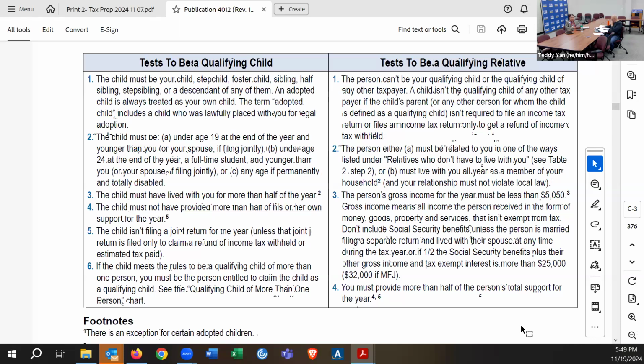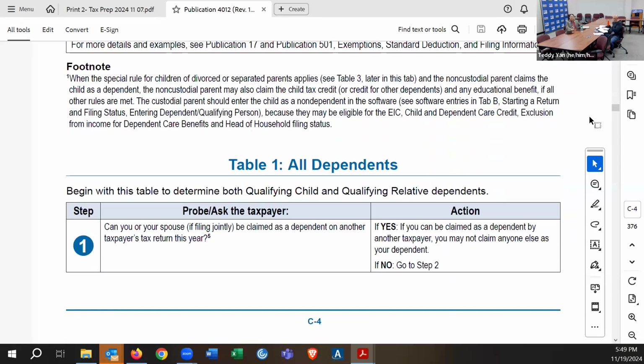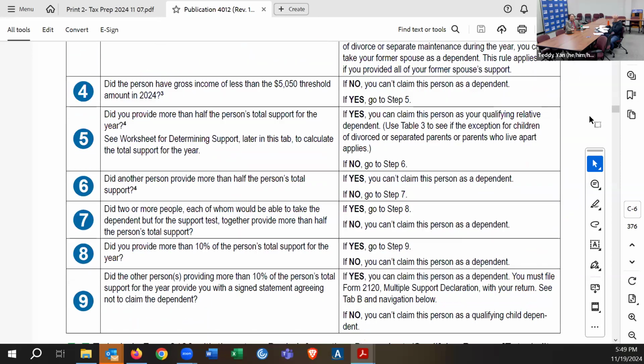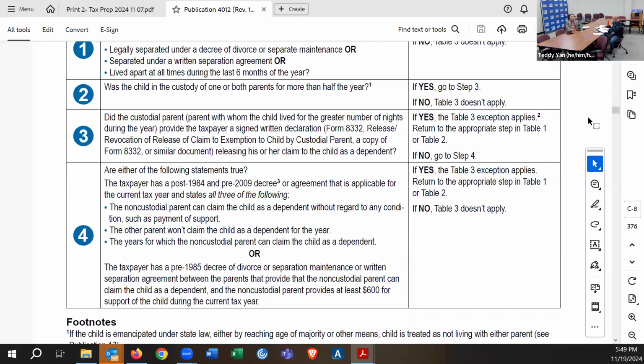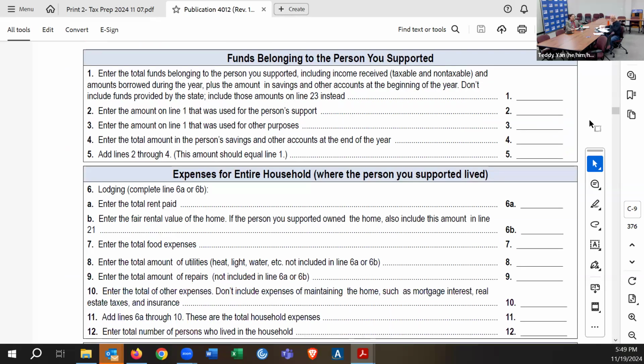Sometimes when you ask that question, in reality, the answer can get a little squirrely. It can get to I don't really know. Some people haven't thought that through. And also some people don't know exactly what the right answer is in terms of getting them the maximum refund. If you ever get an, well, I don't really know answer, there is a sheet here that you can just slap in front of them, and it says dependency worksheet for determining support, and it's a lot of math.